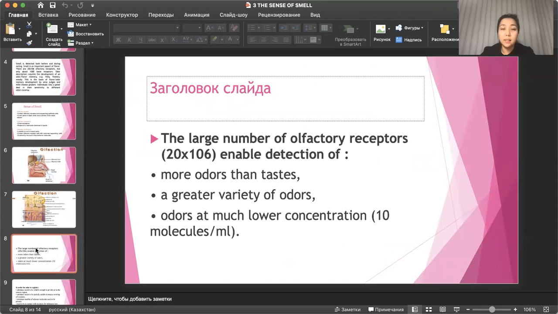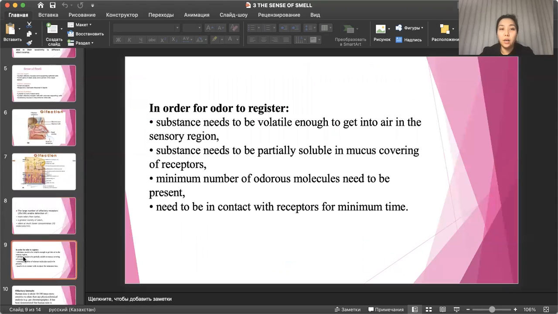Here, the large number of olfactory receptors enables detection of more odors than taste, a greater variety of odors, and odors at much lower concentration. In order for an odor to register, substances need to be volatile enough to get into the air.